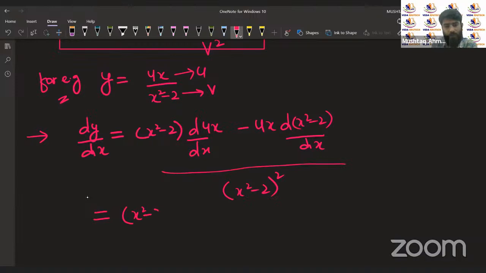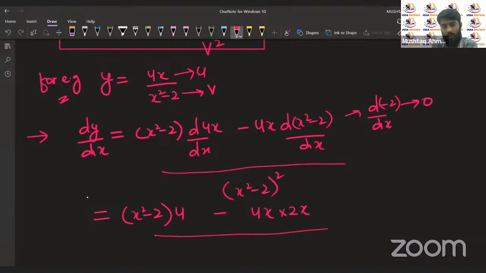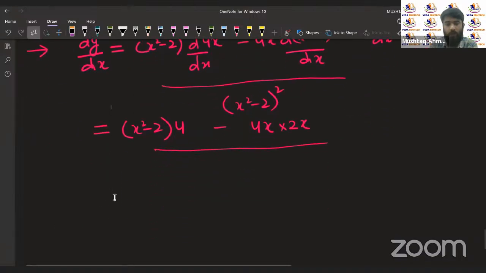So x square minus 2, and the derivative of 4x will be 4, and the derivative of x square minus 2, once again the derivative of this minus 2 with respect to x will be 0. It's a constant, it will go to 0, and the derivative of x square will be 2x, and we'll be left with x square minus 2 whole square.